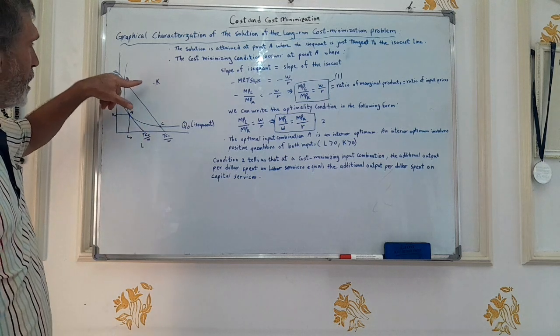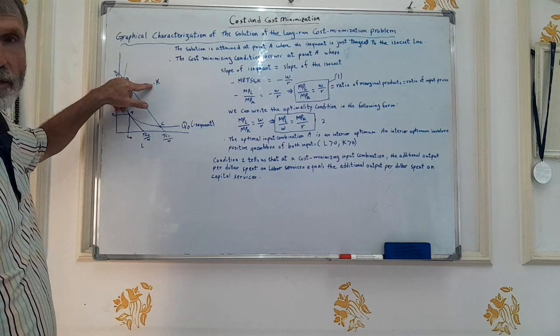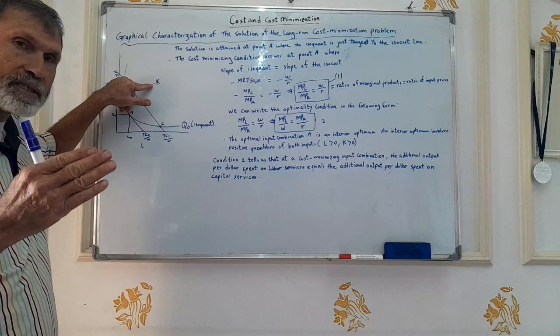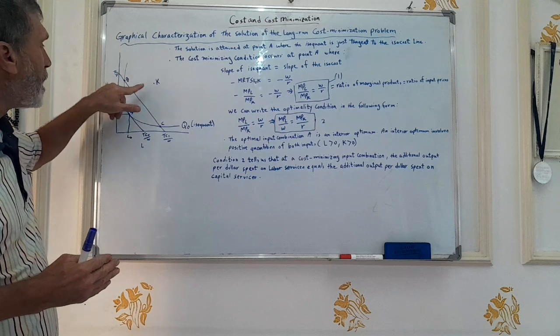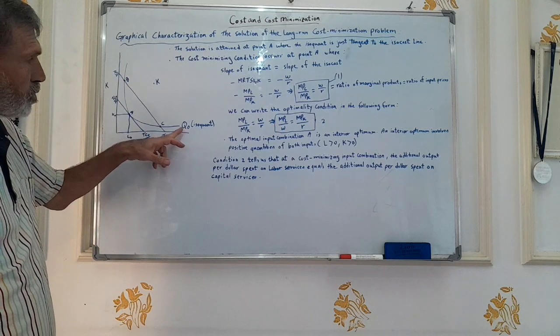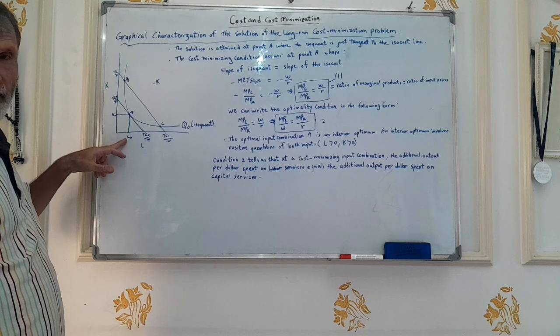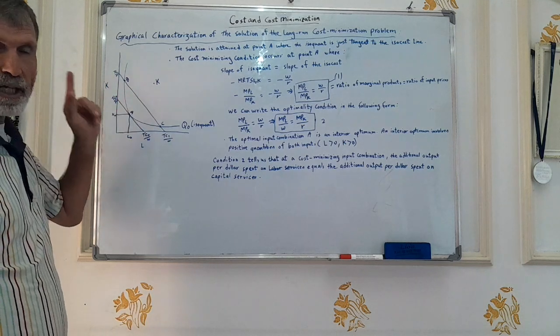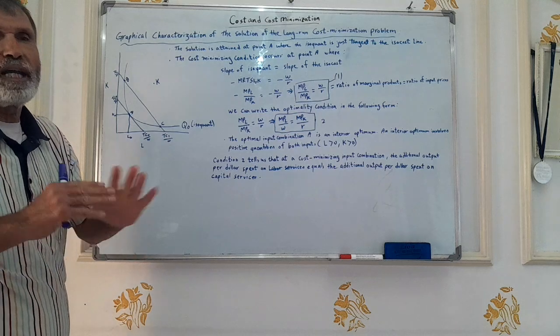It's going to use higher levels of labor and capital. However, the firm is able to produce Q0 by using fewer levels of labor and capital. So why not produce at K? Producing at K is very inefficient.